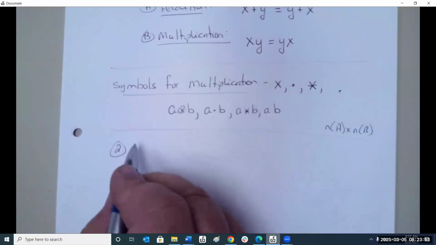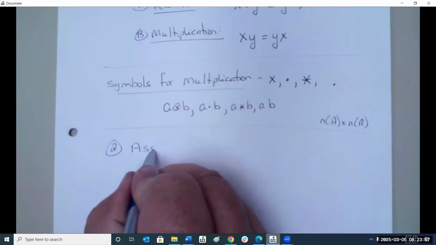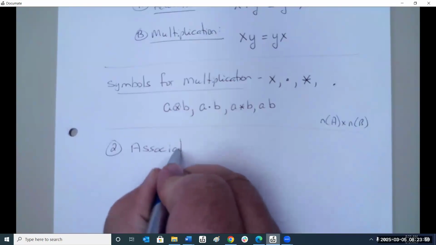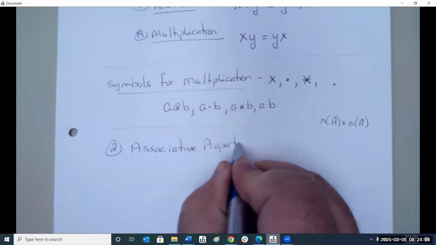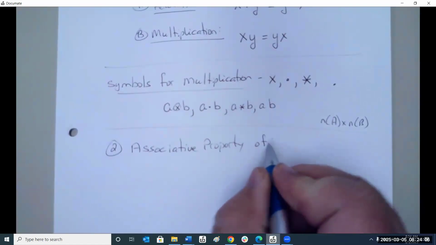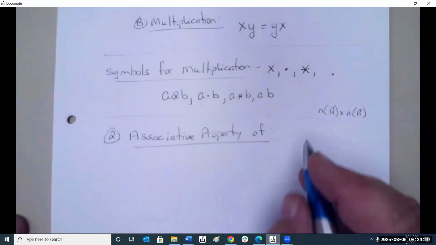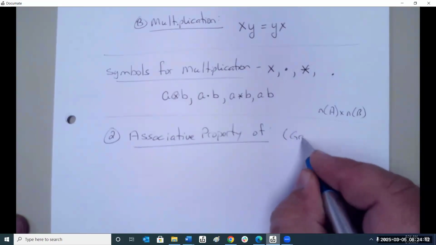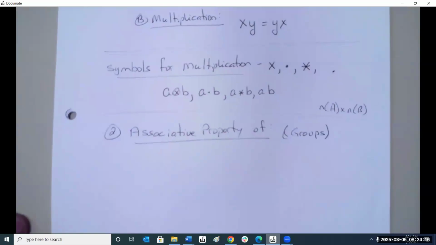The second property we talked about: the associative property. When we say associate, what do we do? We form groups. This is when we do grouping.